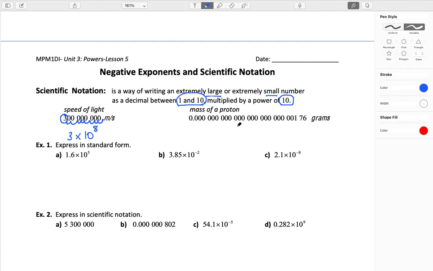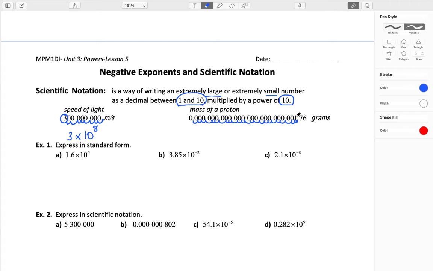What about the mass of a proton? As you can see, it's an extremely small number because it's 0 point something. So from the decimal, we're going to move to the first non-zero number. So 1, 2, 3, and so on up to 24.